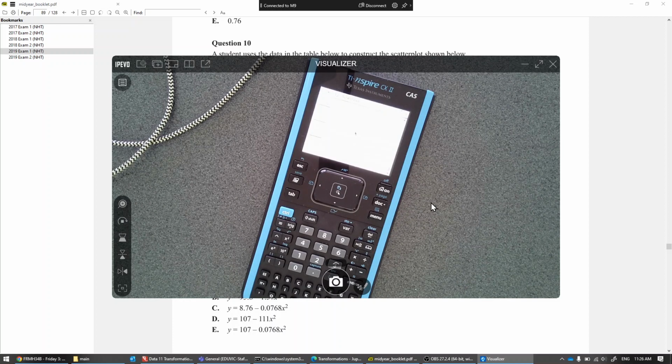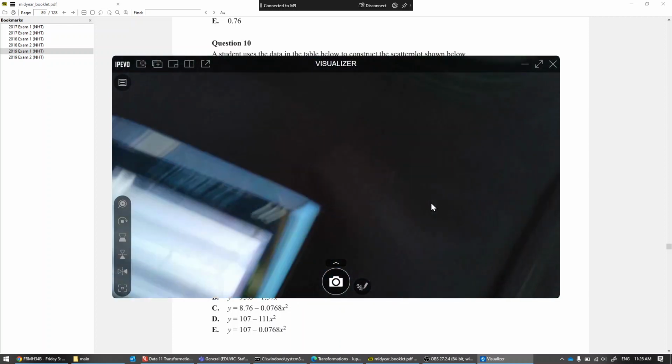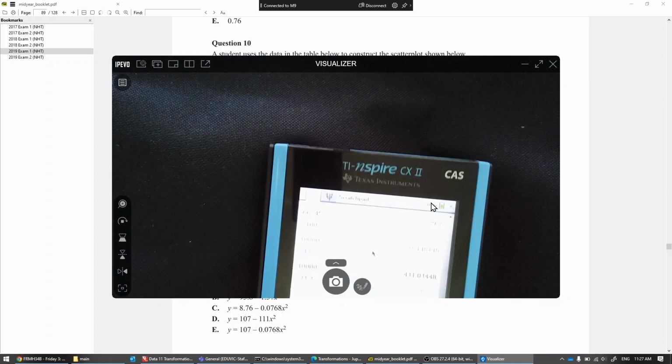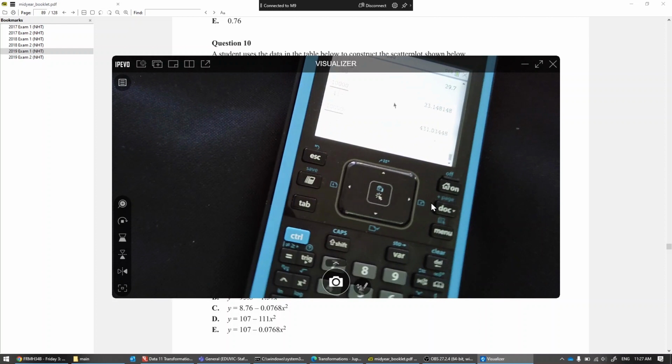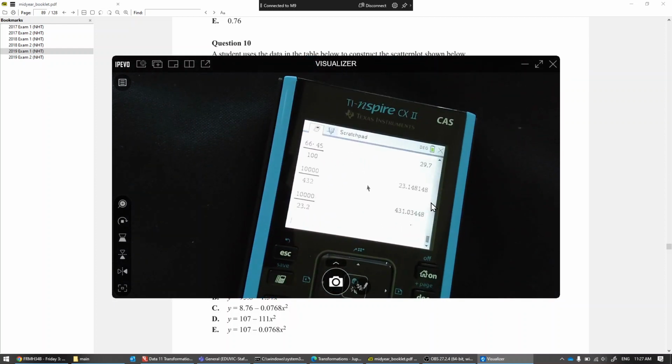Last time we got around this by putting it on an angle. Let's see if that works. I think that's good enough.